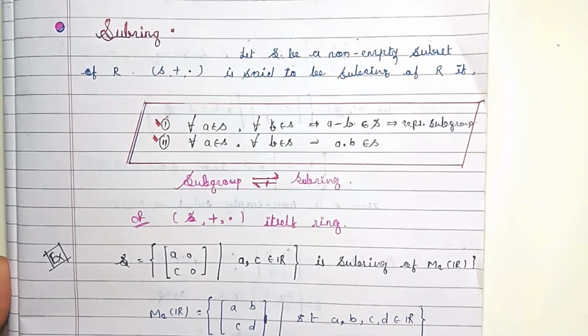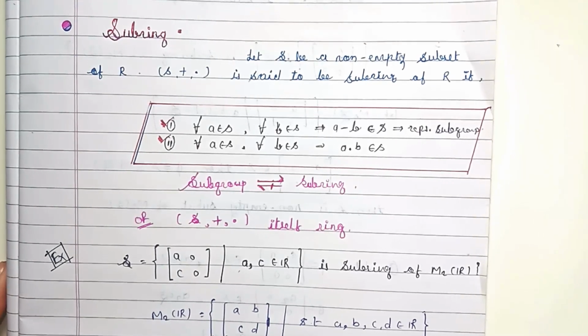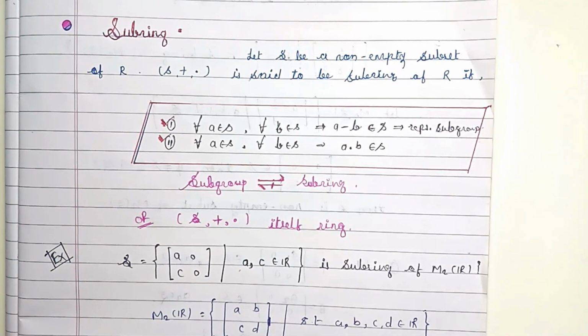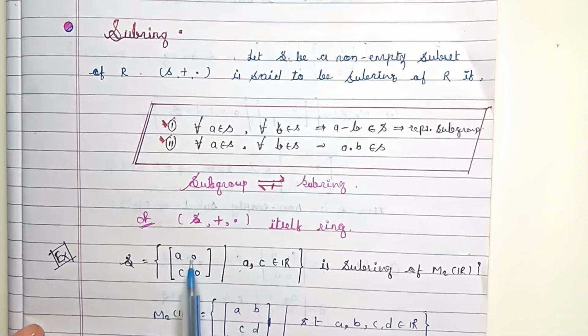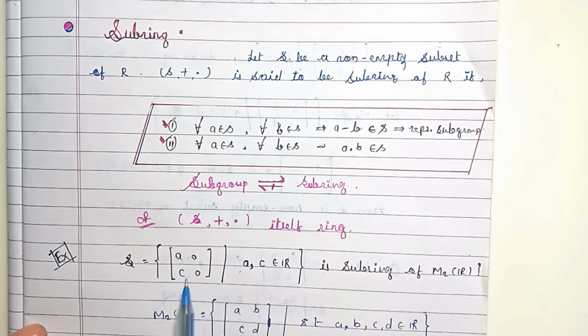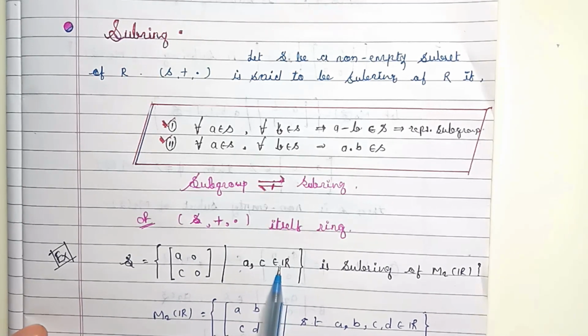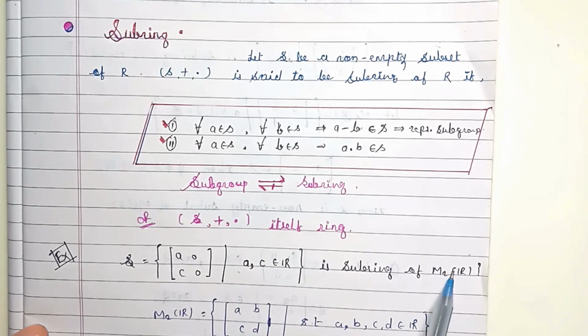This example is solely based on the definition of a subring. Here I consider the matrix ring M2(R), which is the set of 2 by 2 matrices, and we have to prove whether this set S of matrices with entries a, c in the first row and 0, 0 in the second row, where a and c are from the ring, is a subring of M2(R).